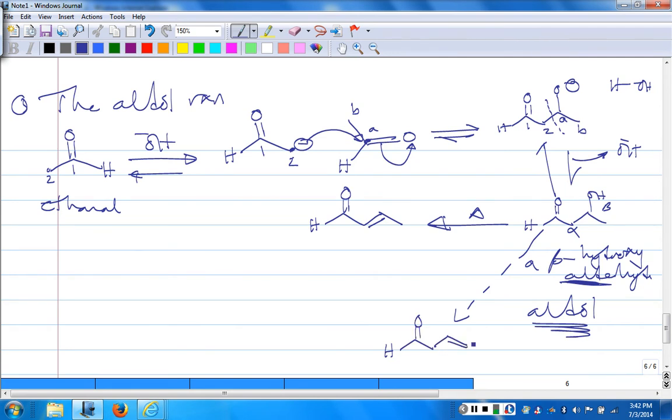And it's a no-brainer. This one is conjugated, right? Double, single, double. This one is not conjugated. And so I don't see the unconjugated product at all. I always see the more stable product. So we end up then with this species, which is the alpha-beta unsaturated aldehyde as my product.